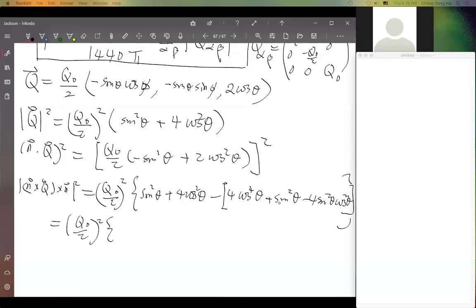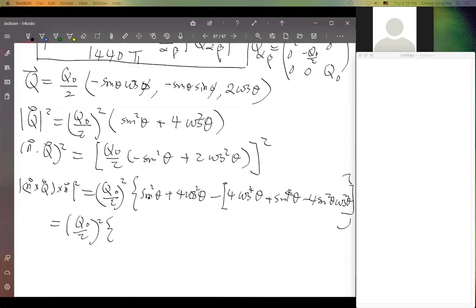I mean, the rest is basically simplifying everything. So this is already squared over this one. So you want to combine everything. This is a 4.